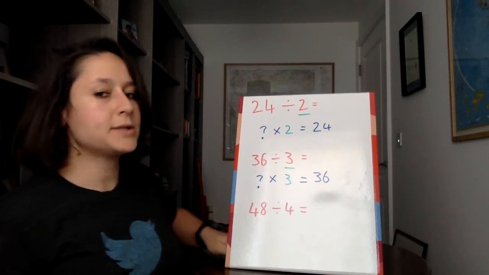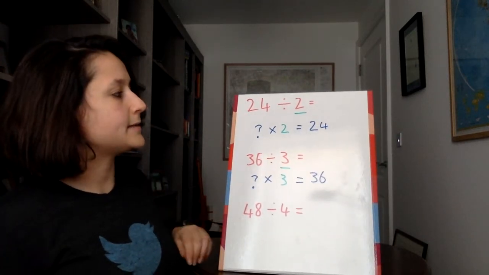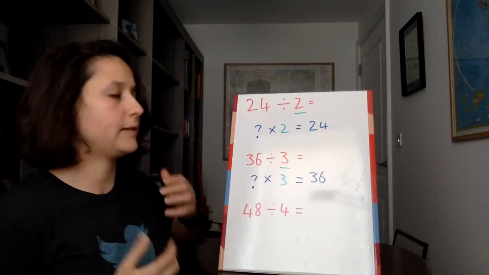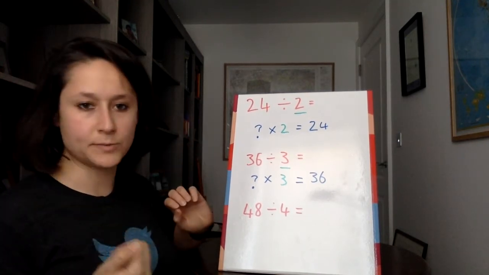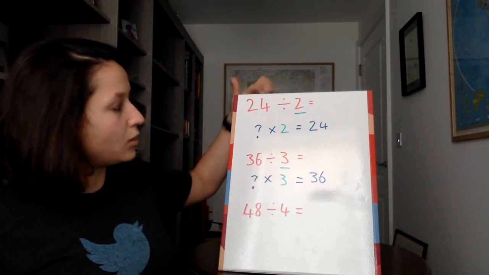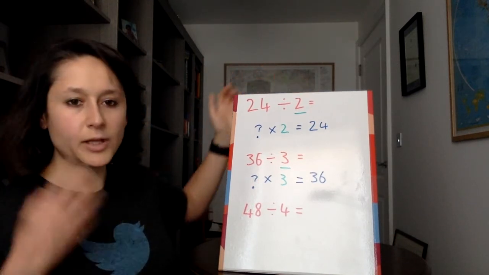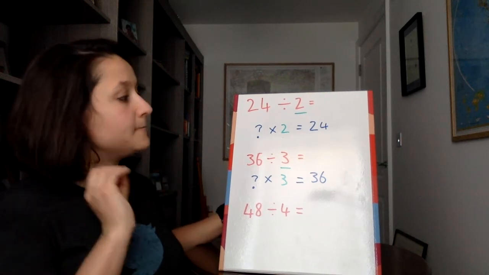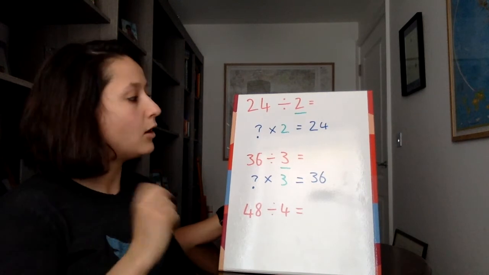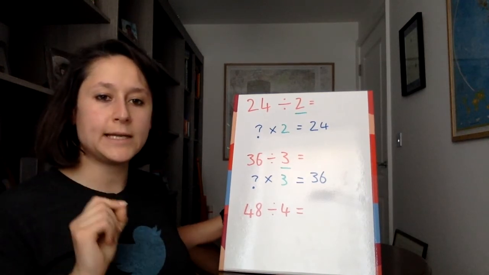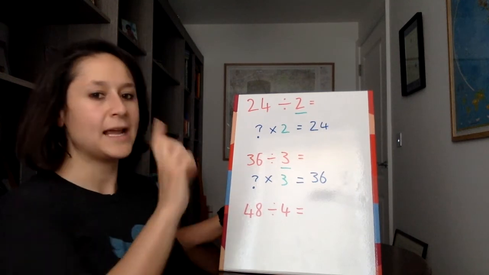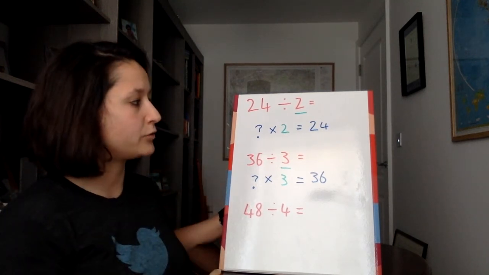Now, what you can see up here is something called the inverse method, or I call it the inverse method. Other teachers might call it something else. So what you can see up here is I've got 24 divided by 2. Now, as I said to you at the beginning of the video, division is the inverse or opposite of multiplication. So all we need to do to work out the answer to this, instead of drawing our circles and dots, is turn that calculation round.